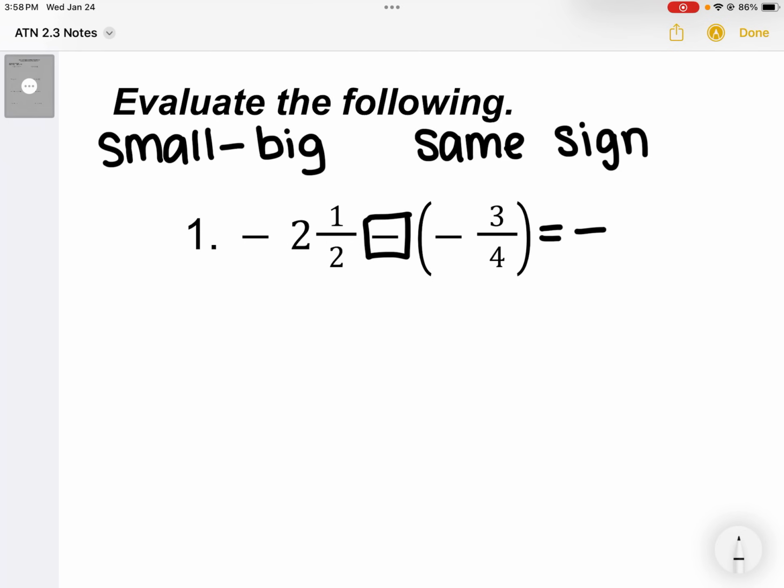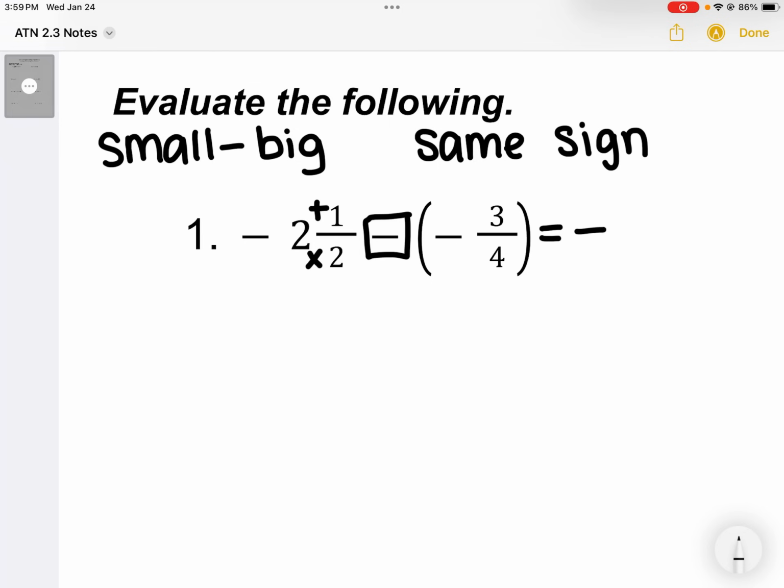Now, because 2.5 is a mixed number, I am going to turn it into an improper fraction. I do that by multiplying the denominator, 2, times the whole number, 2. I get 4. Now I'm going to add in the numerator. 4 plus 1 is 5. So negative 2.5 becomes negative 5/2.